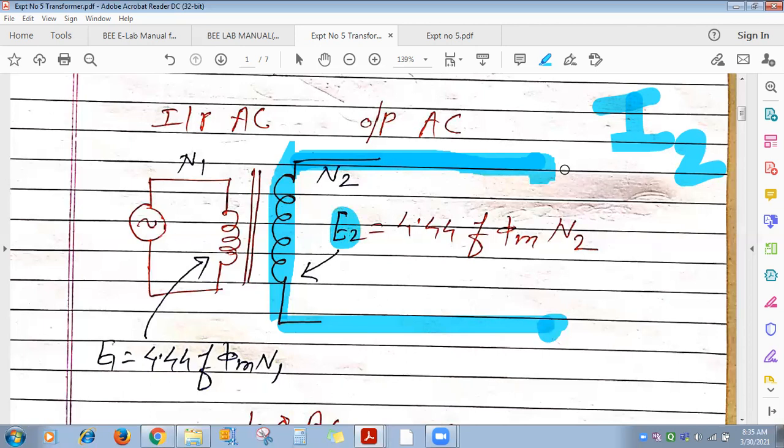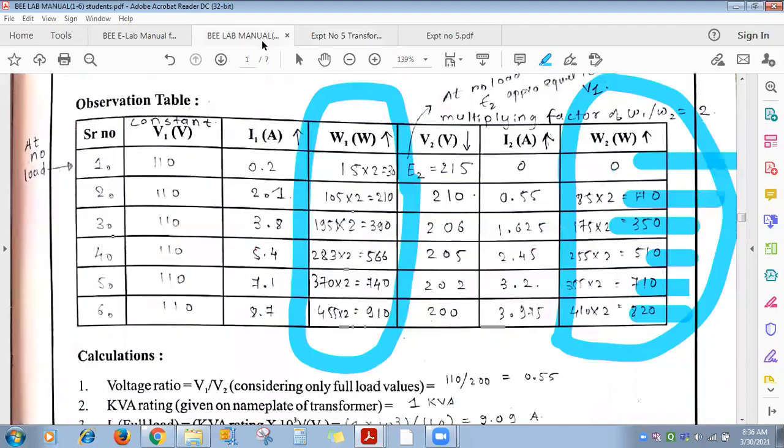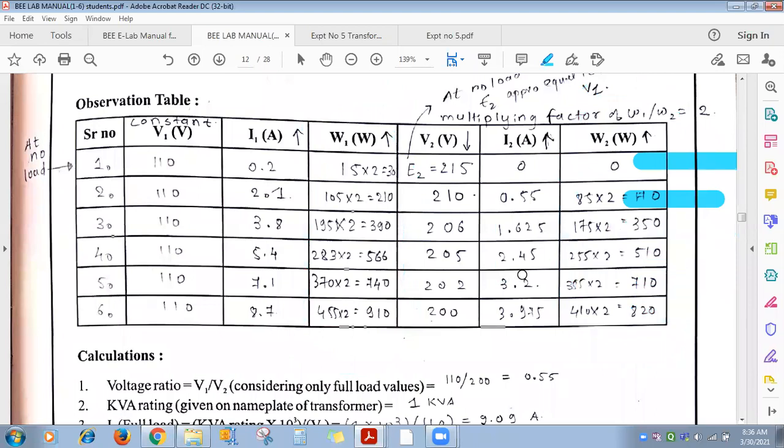If no current is flowing through the secondary, will there be any power consumption on the secondary? No. No power consumption. Means if you observe this observation table over here, I2 and W2 are 0. Clear for the first reading? Why are I2 and W2 0? Because the secondary is open.